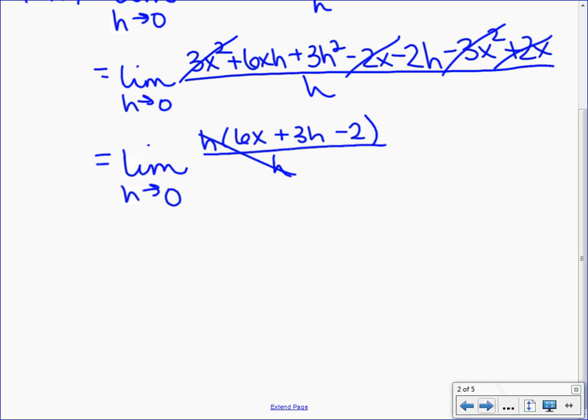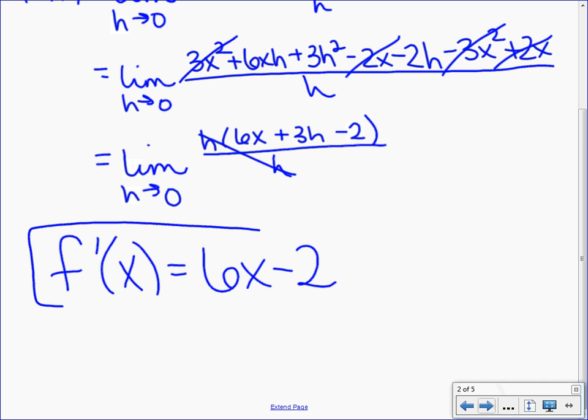Direct substitution, plug 0 in for h. That is what we call our derivative, and it represents the slope at any point on our function f of x.